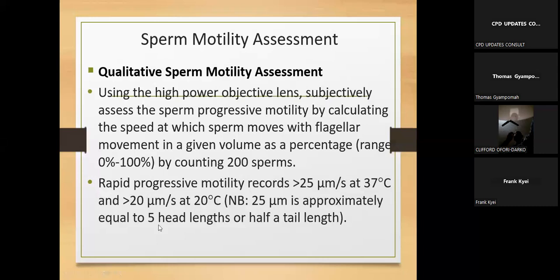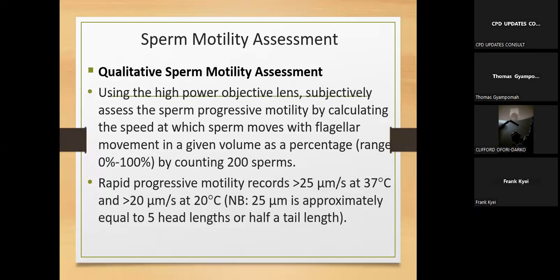And remember, there's some math here. 25 micrometers is approximately equal to 5 head lengths. You know, we've said that the length of a normal head is between 5 to 6 micrometers. Do you remember? And then the width is around 2.5 to 3.5. You remember this, all right.